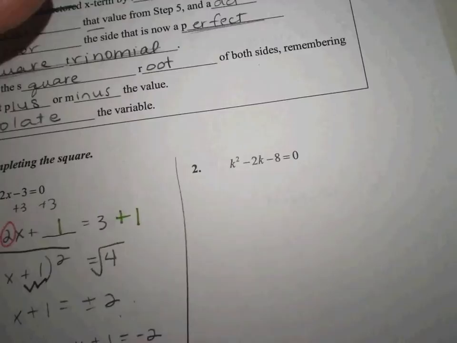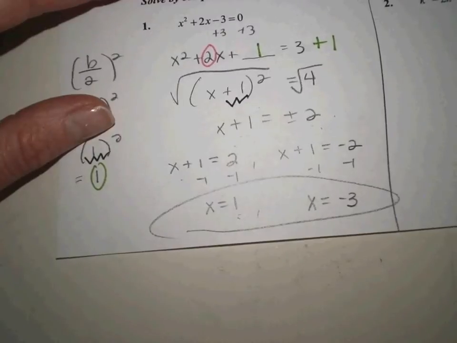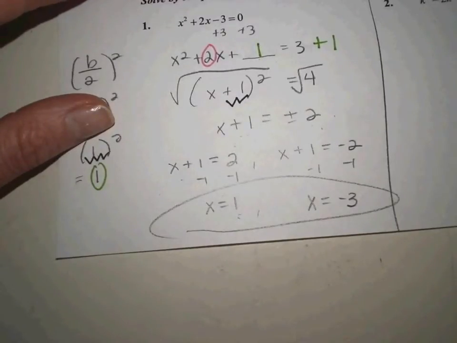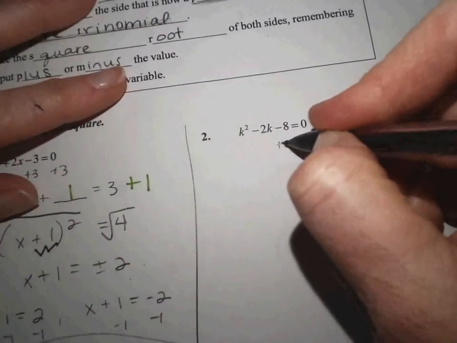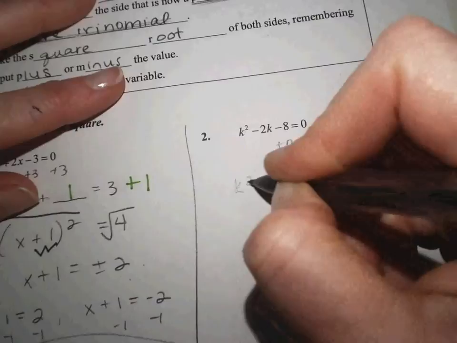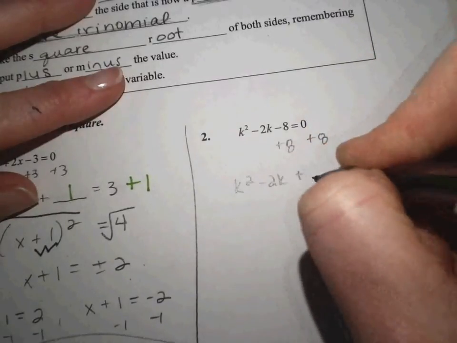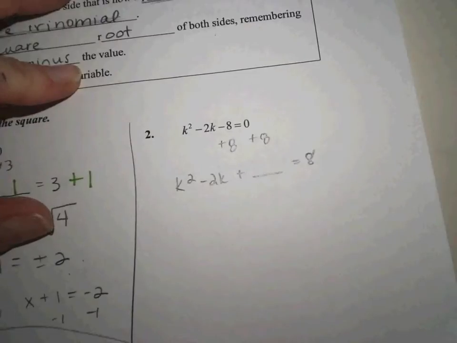Number 2. Where should I start? Add 8 on both sides. Good call. Isolate the c. So we have k squared minus 2k plus blank equals 8.